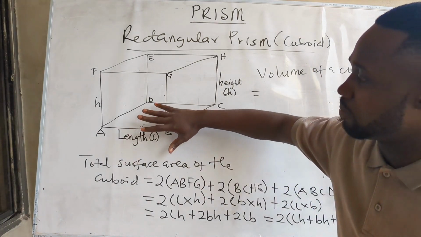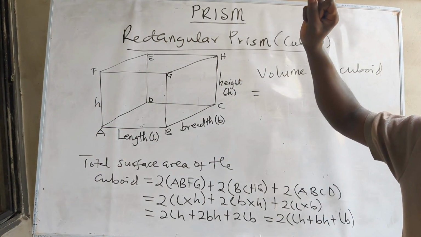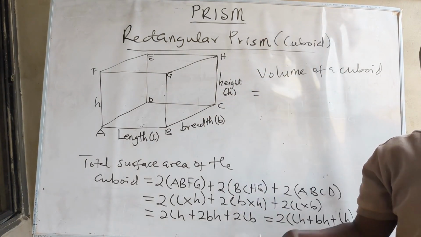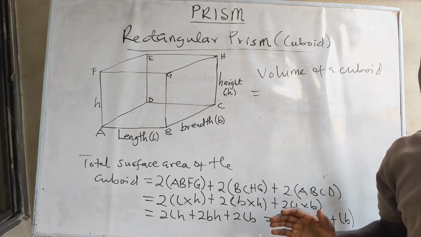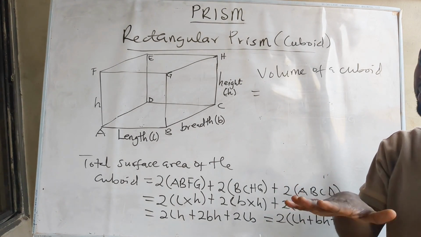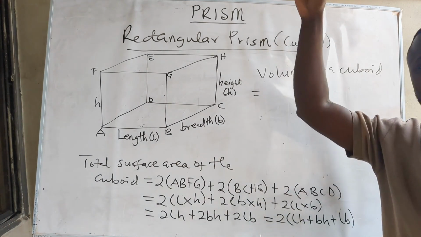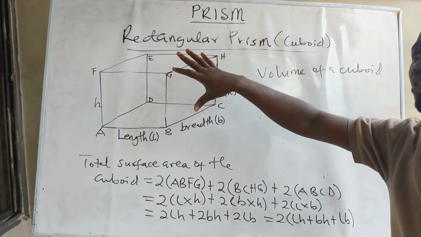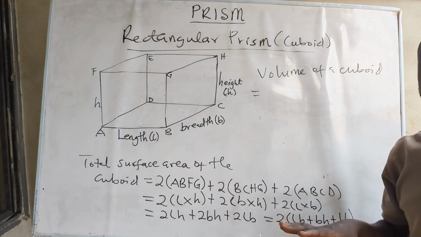The longer the height is, the more the volume. The shorter the height is, the less. So how big the base is, and then how long that particular container is will determine the volume, and that is the volume of the cuboid or any three-dimensional figure.